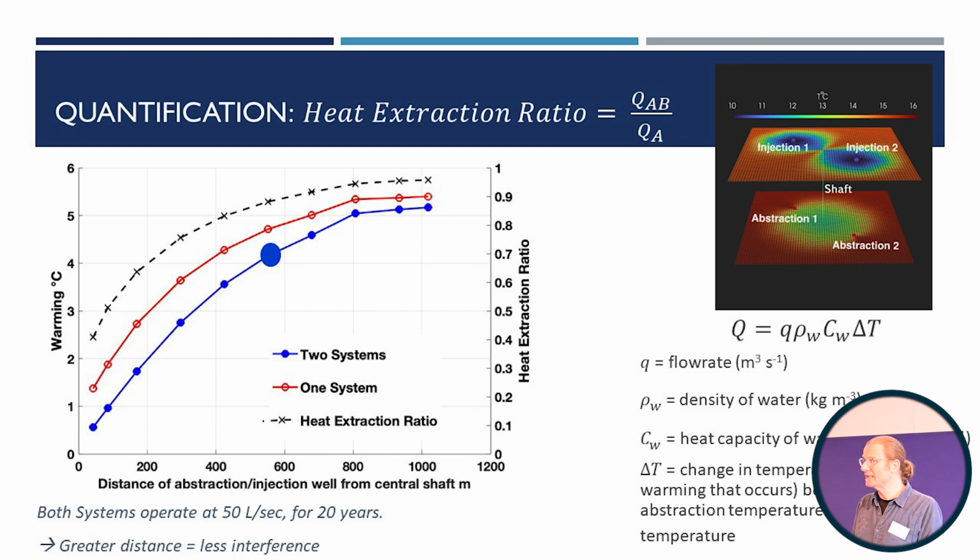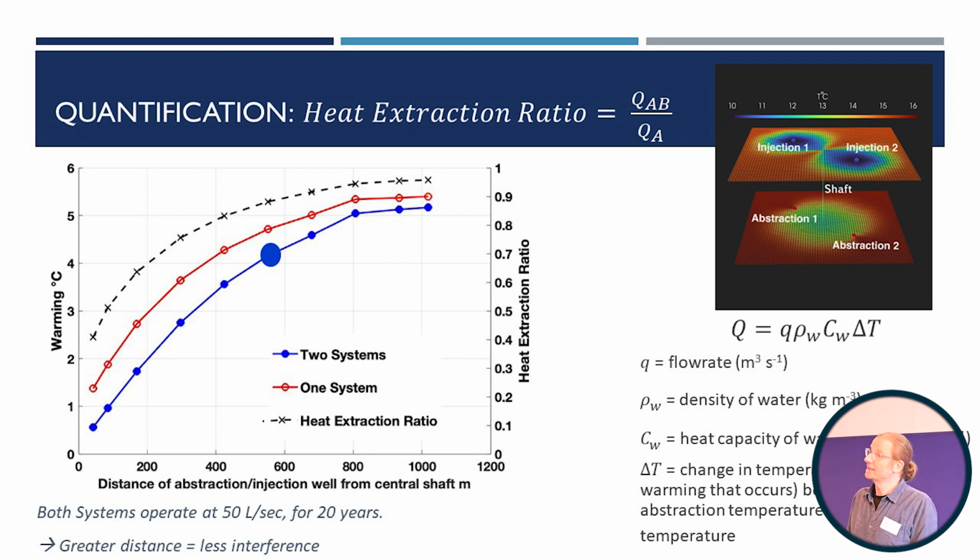As you increase that length, as you probably can imagine, the water can travel for longer, has more time to warm up, so the actual abstraction temperature increases. That's shown with the line that increases from left to right as the distance increases. The axis on the left shows how much the water then increases from its injection temperature to its abstraction temperature.